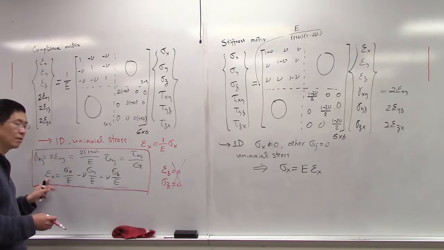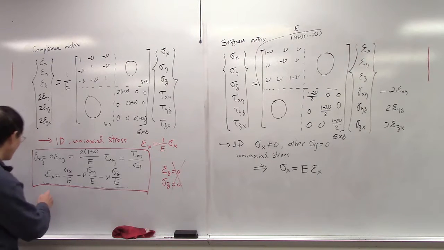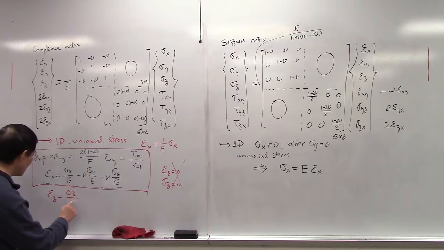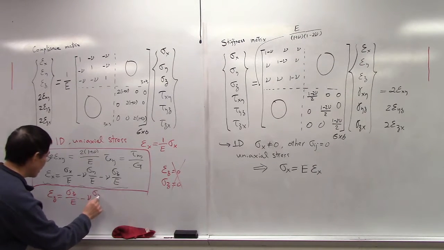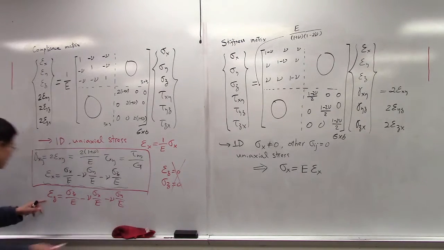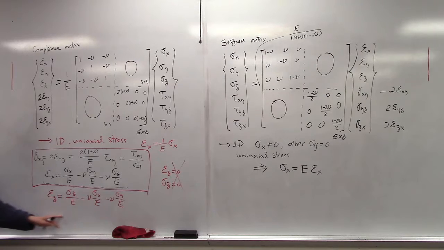This is in x, okay? So if I write epsilon z, this is sigma z over E, minus nu sigma x over that, minus nu sigma y over that. Okay, let's talk about this. This is x, this is y, this is out of plane. If sigma z in the thickness direction is 0, epsilon z is still non-zero in general.